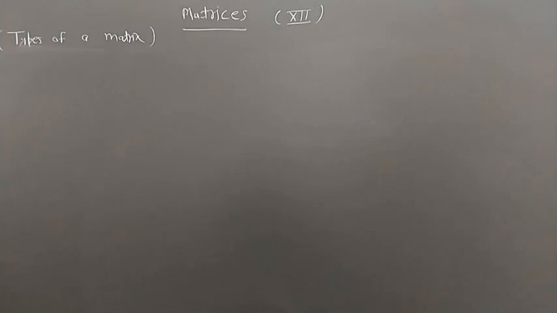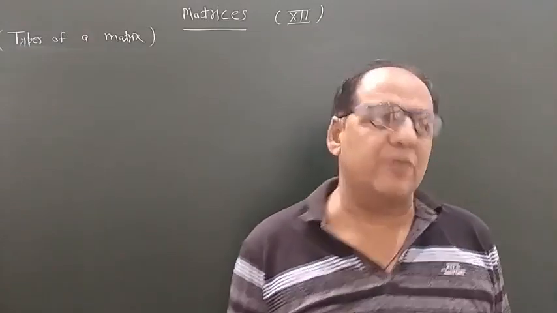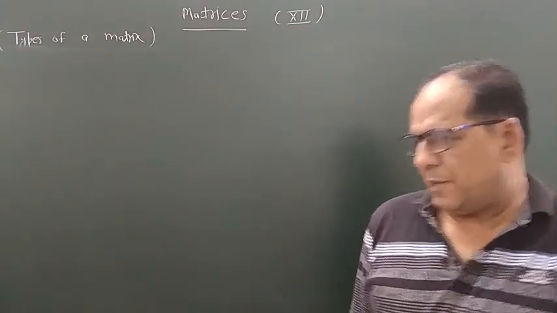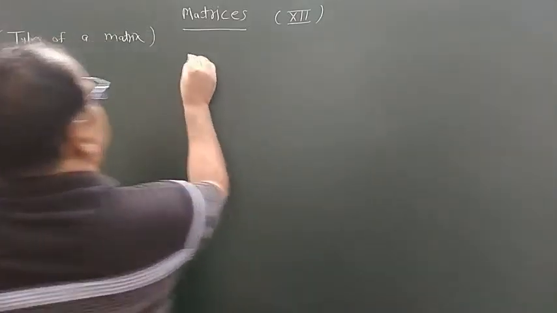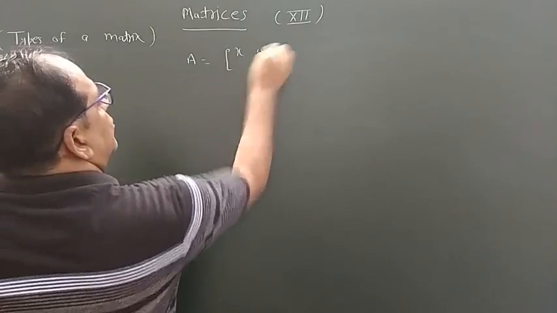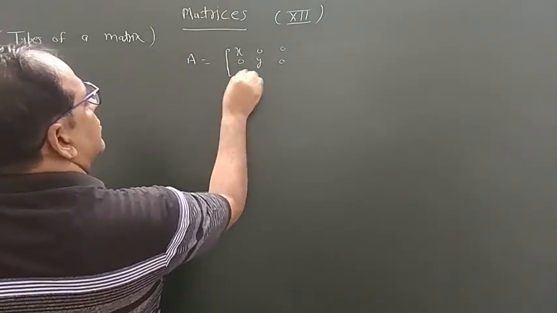So in a diagonal matrix, all the elements except the main diagonal are 0. I'm taking an example. A equal to x 0 0, 0 y 0, 0 0 z.